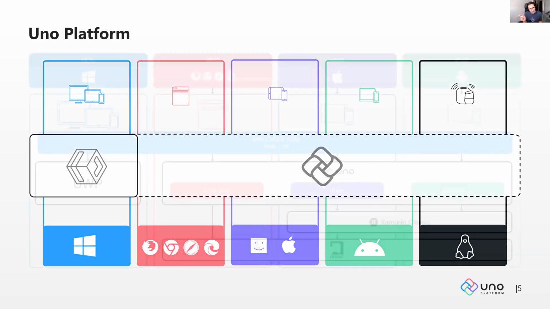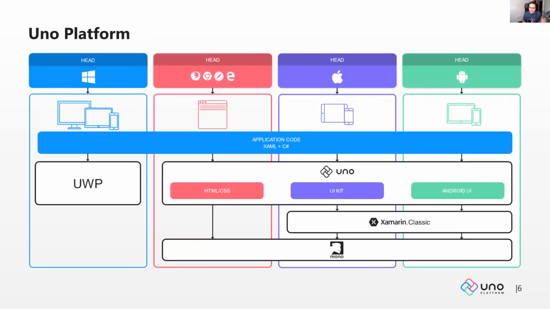So if we go a bit more into details, what that means is that when you're building your application on UWP on Windows, you have your layer of XAML and C# that's shared across platforms, and then underneath, Uno is going to be adjusting the way the UI is shown on the platform. So you can see, for instance, HTML and CSS that are showing up there for WebAssembly.